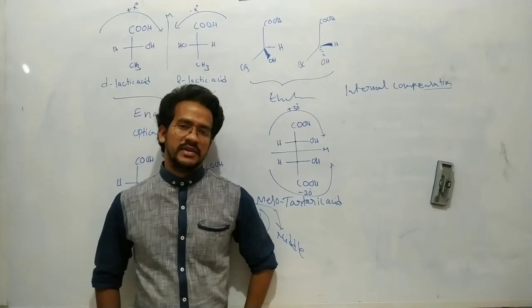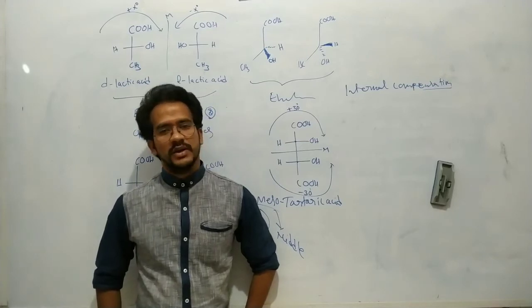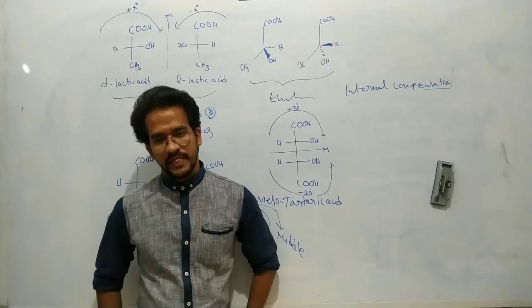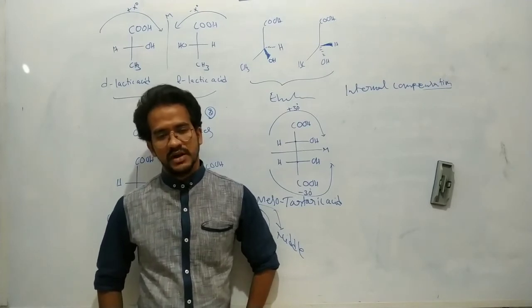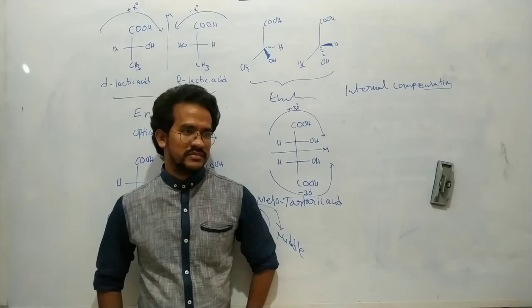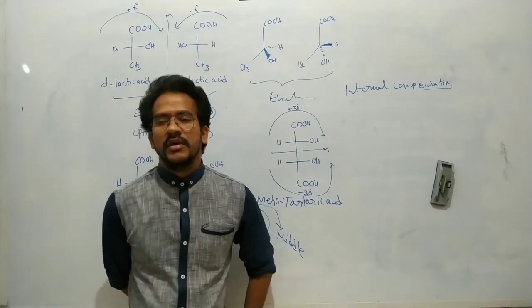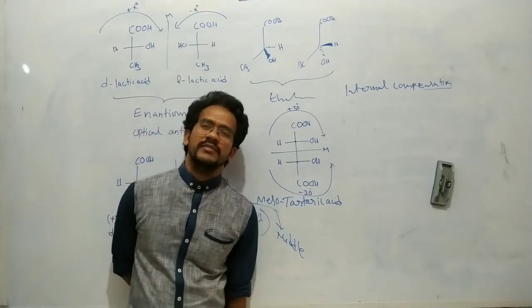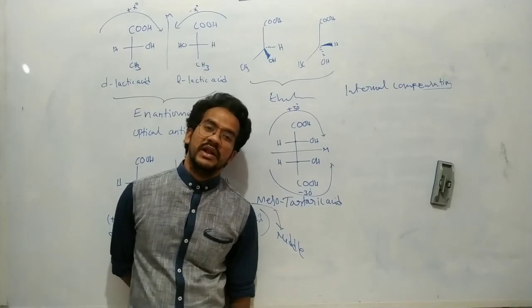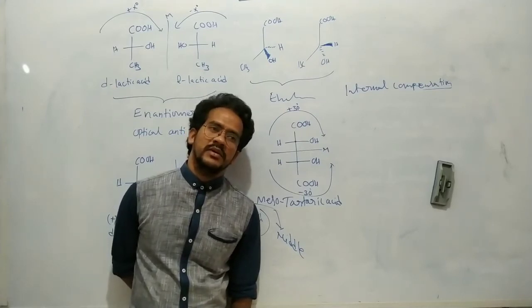is cancelled by the other equal half, because it has a plane of symmetry, and it is known as internal compensation.